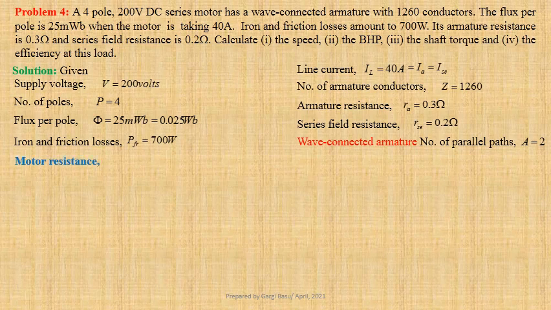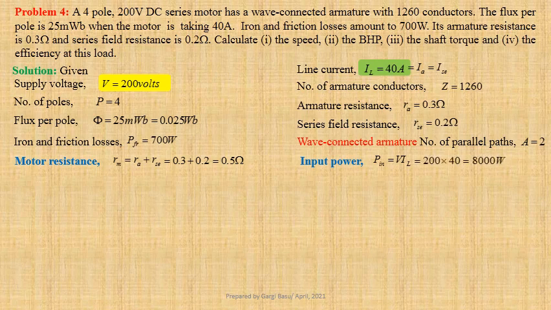Motor resistance Rm equals Ra plus Rse, that is equal to 0.3 plus 0.2, that is equal to 0.5 ohm. Let us now calculate input power. Pin equals V into IL. Using values we get 200 into 40, that is equal to 8000 watts.